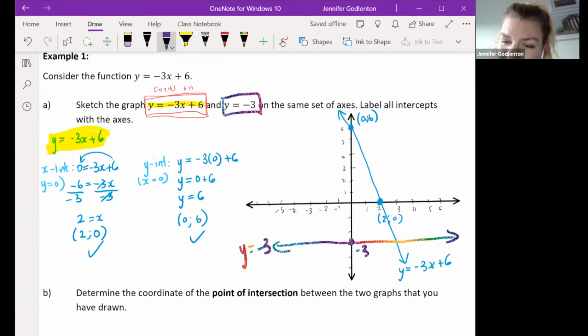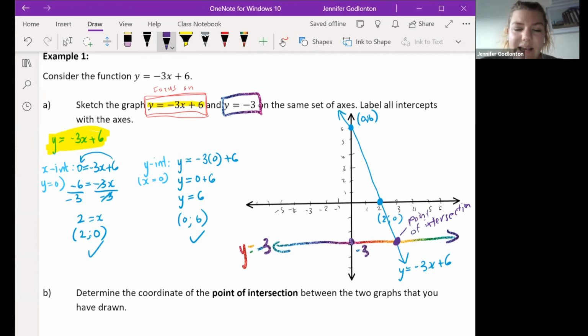This point over here, where our 2 graphs meet each other, is called a point of intersection. A point of intersection is where 2 graphs meet.